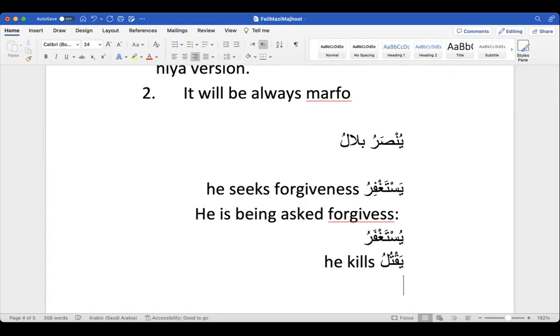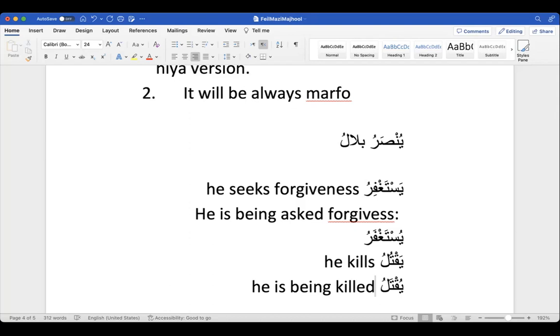Yuktalu. So yuktalo means he is being killed.